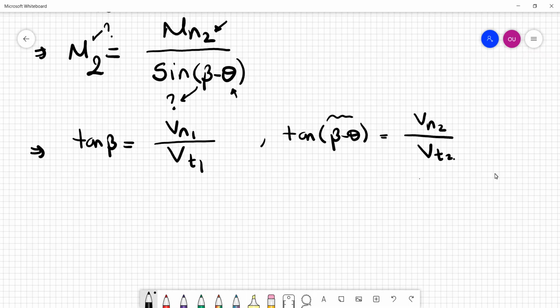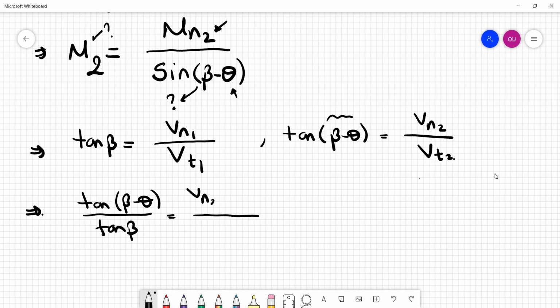So basically, from here, if I divide these two, dividing tangent(beta minus theta) by tangent beta, this becomes equal to Vn2 divided by Vt2, and divided by Vn1 divided by Vt1, okay?